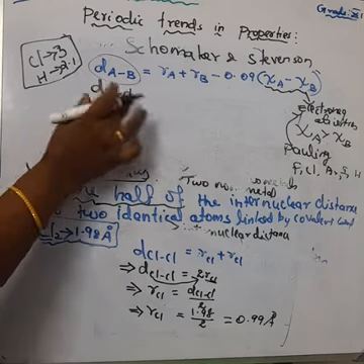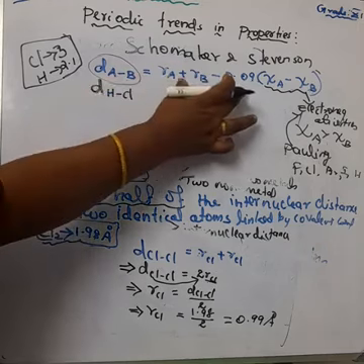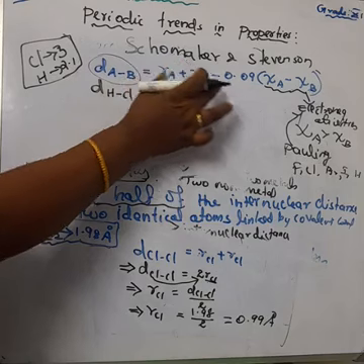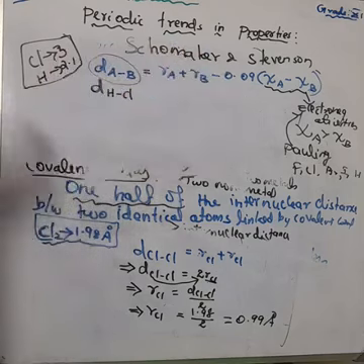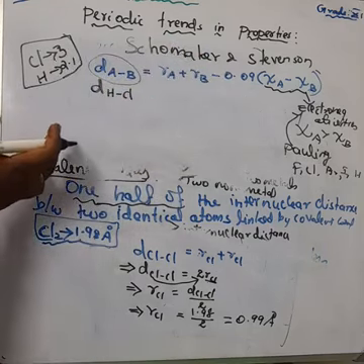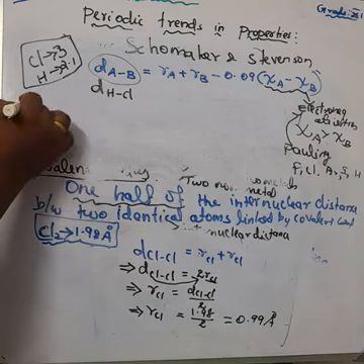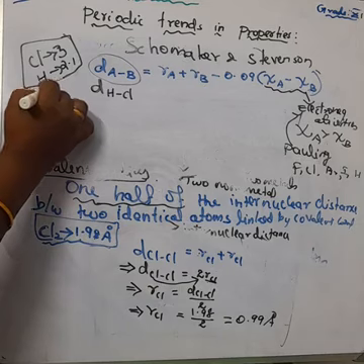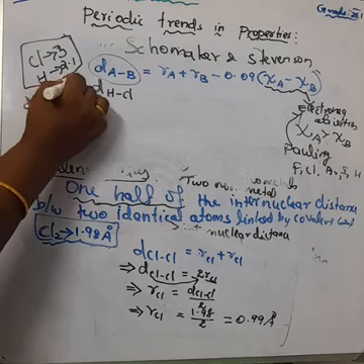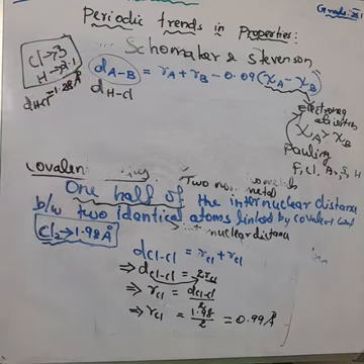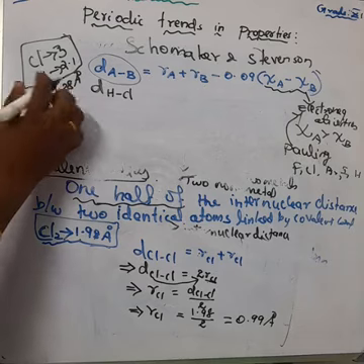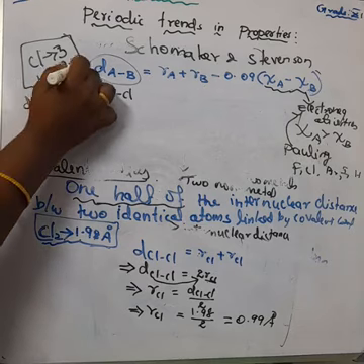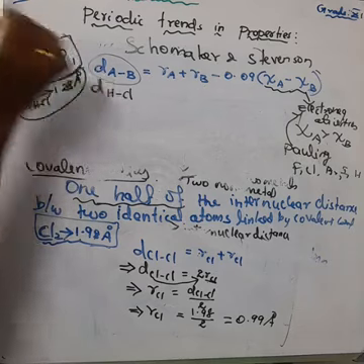Using the internuclear distance between two different atoms, experimentally they proved that the internuclear distance between hydrogen and chlorine is 1.28 Angstrom.